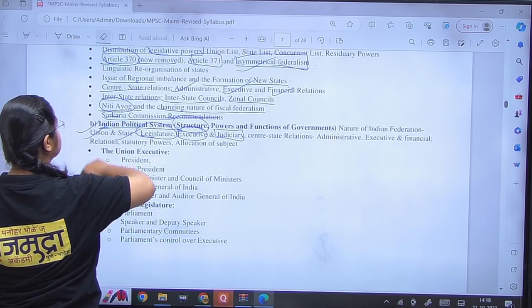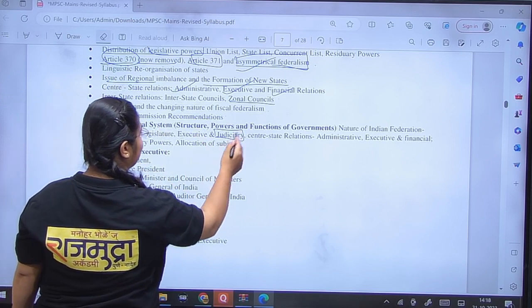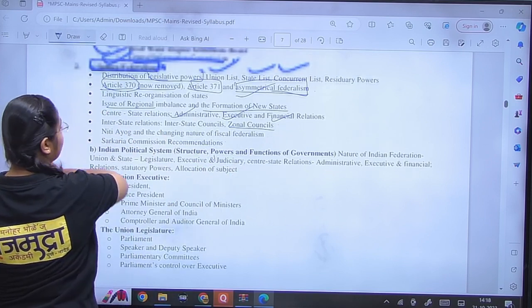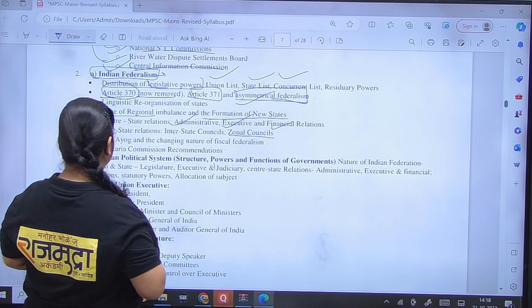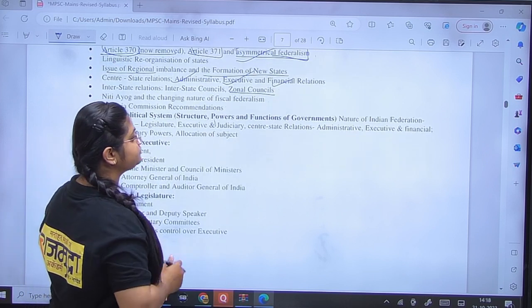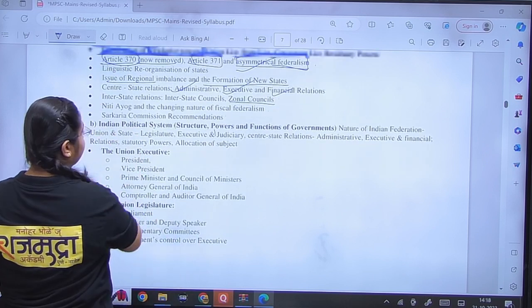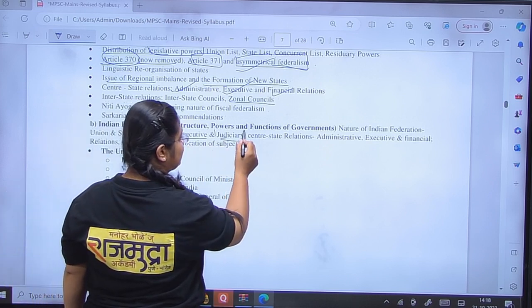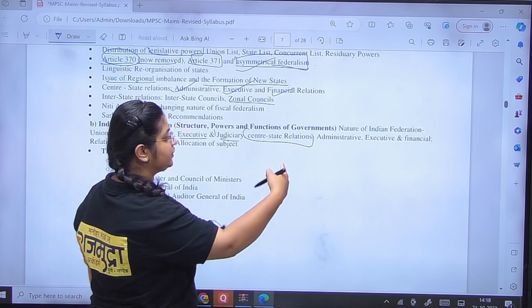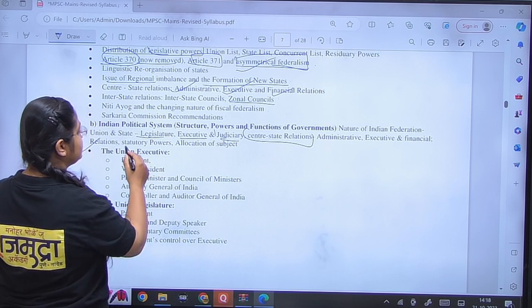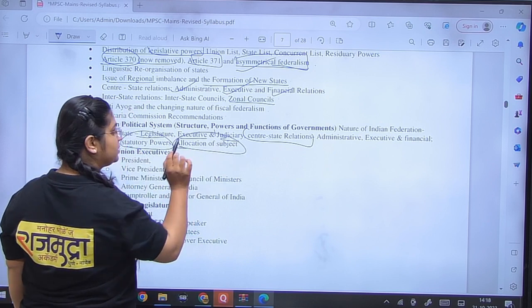Why does independence of judiciary matter, what are the important things we have to study in that. Legislative, executive, judiciary, center state relations in administrative, executive and financial relations, statutory powers and allocation of subjects.